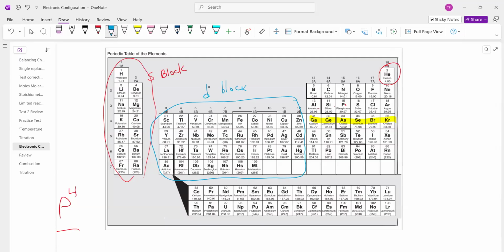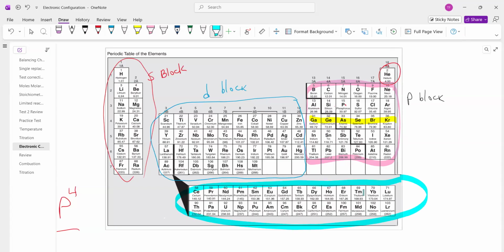P block is over here. And then lastly, we have F block.